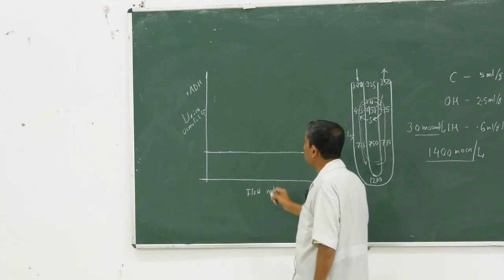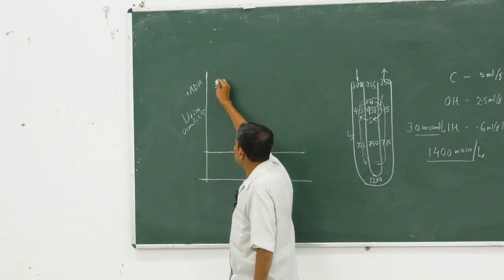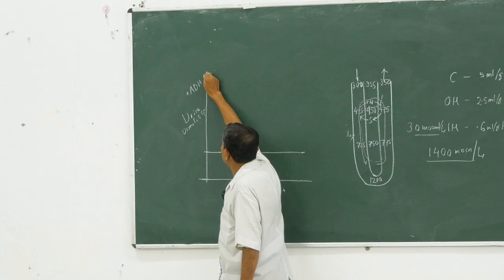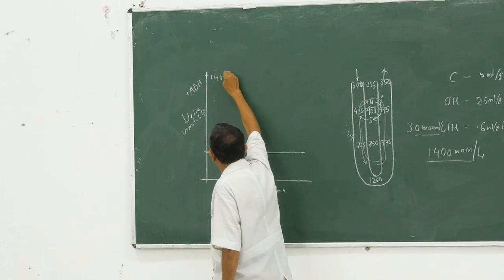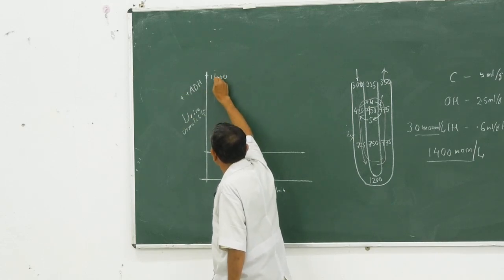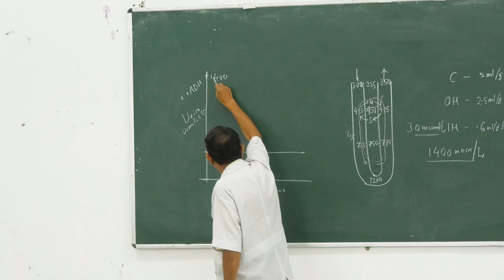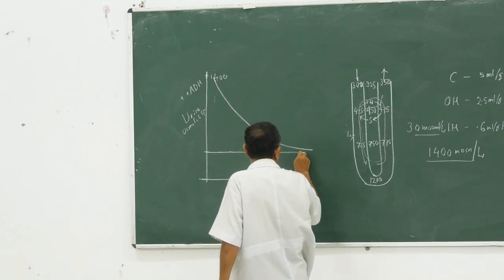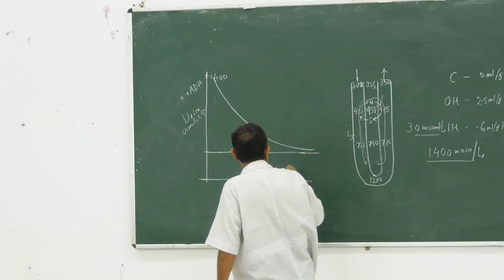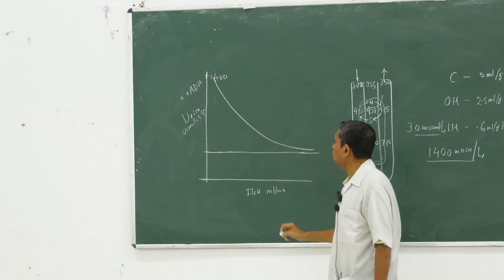Whenever the filtered load is increased, in osmotic diuresis from 1400 with plus ADH, it will try to approximate this value.